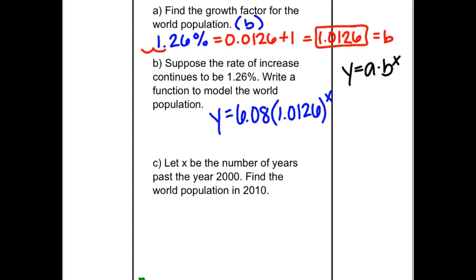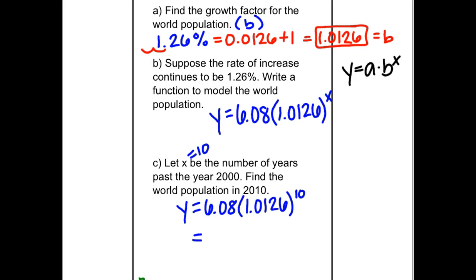Well, 2010 is 10 years past 2000, so x equals 10. So that means we've got y equals 6.08 times 1.0126 to the 10th power. So now I've got written down exactly what I need for work, and now I can just calculate it into a calculator.